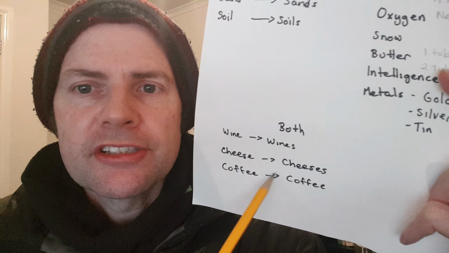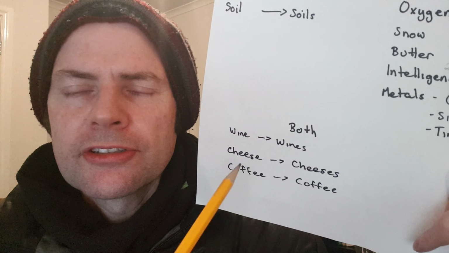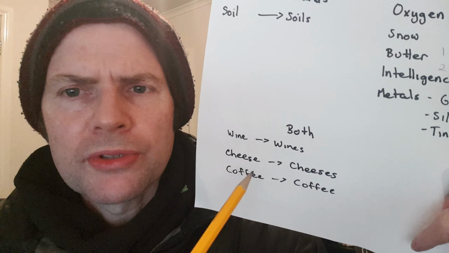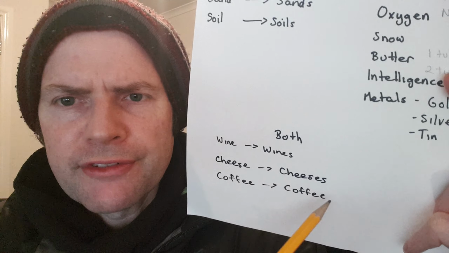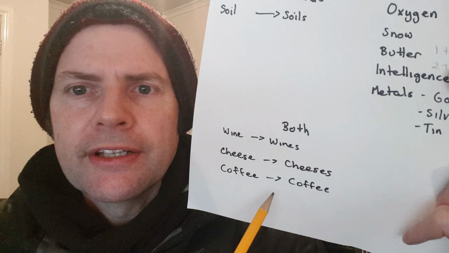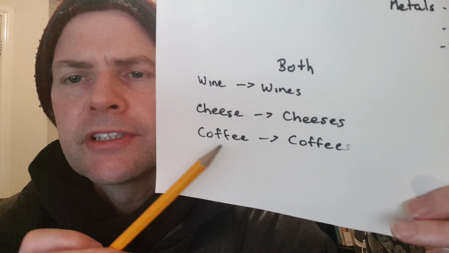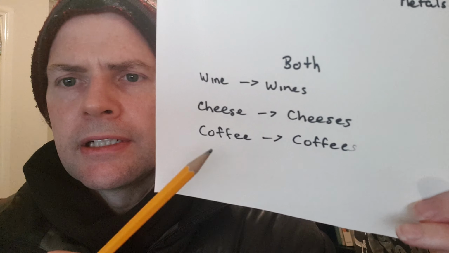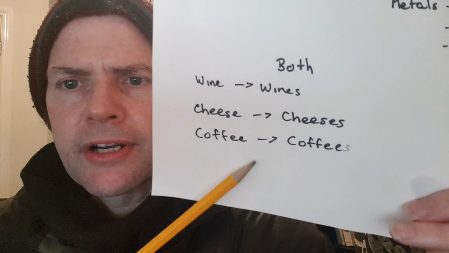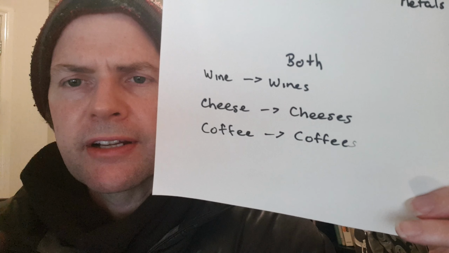And we've got cheese. We can say cheeses. So all the cheese in Australia, the cheeses of Australia. And coffee. So all the coffee in Australia, the coffees of Australia.